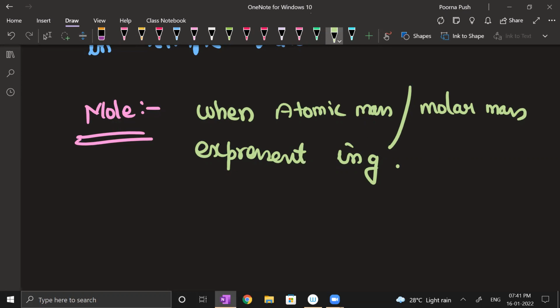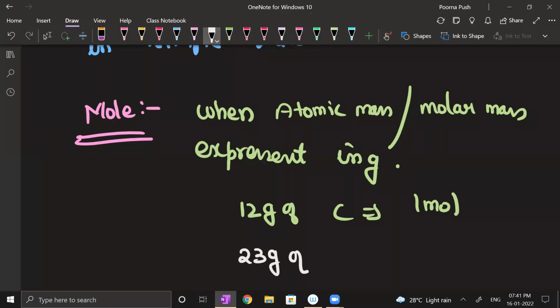How is that? What is the weight of carbon? 12. So 12 grams of carbon is 1 mole. What is the weight of sodium? 23. 23 grams of sodium is 1 mole.